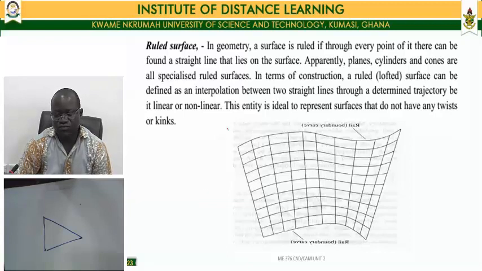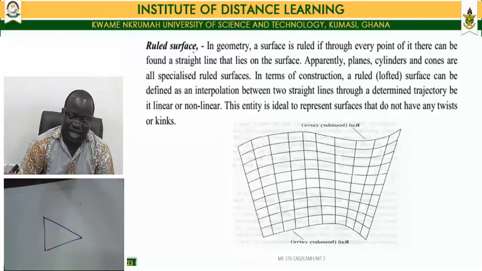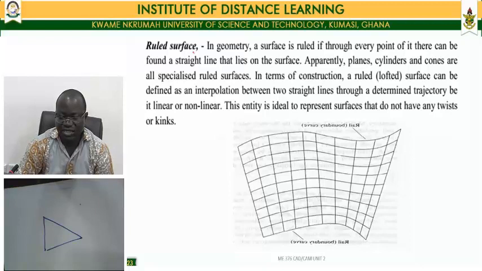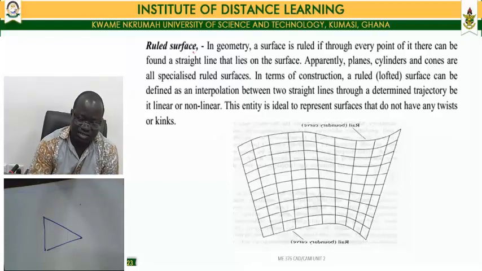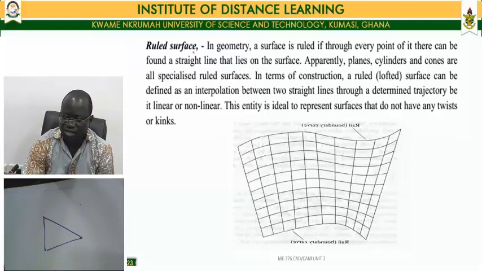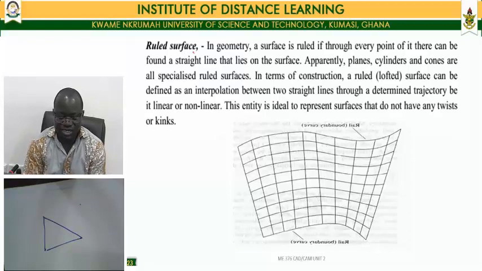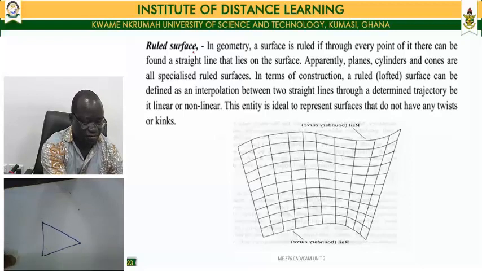Now, if you look at planes or cylinders or cones, these are typical or specialized ruled surfaces. In terms of construction, you see the ruled surface can be defined by an interpolation between 2 straight lines to a determined trajectory.